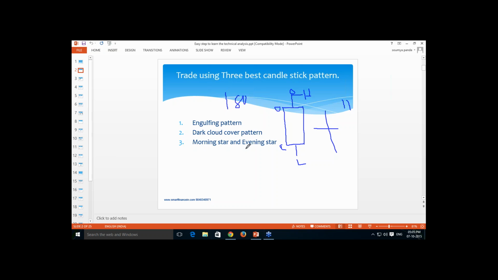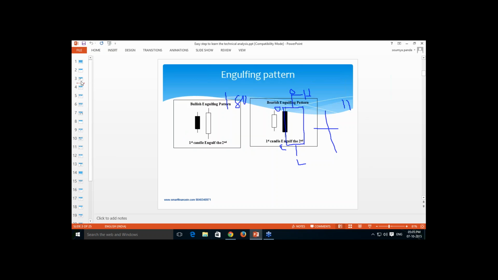So in this way you have a couple of trend continuation candlestick patterns and a couple of trend reversal patterns. Till this point, whatever I have told is quite general and quite an easy concept. But post this, your real candlestick learning starts.